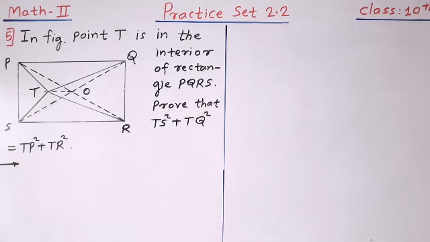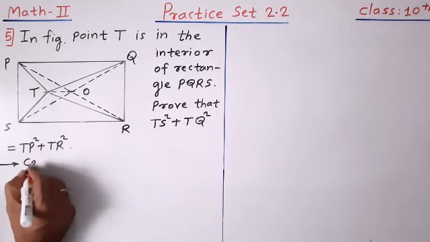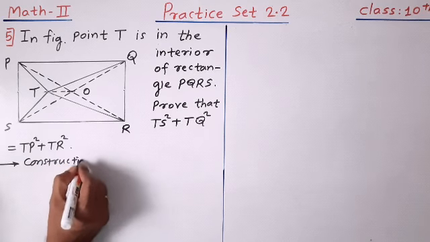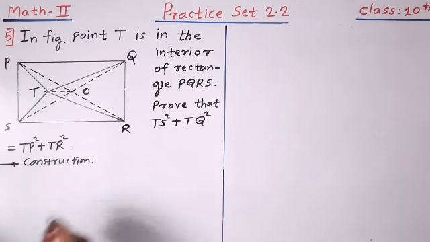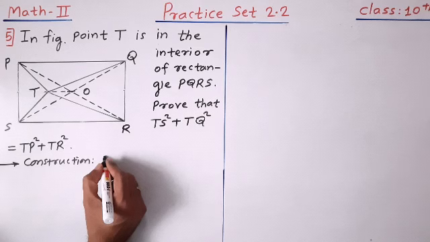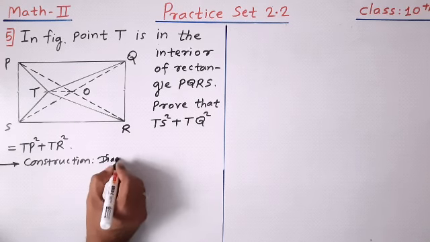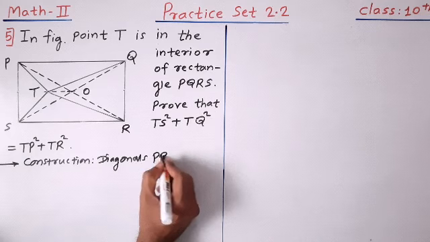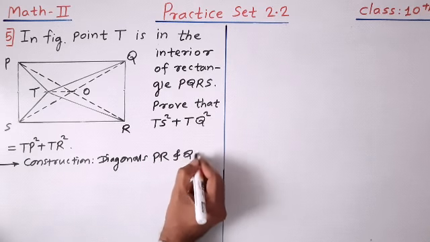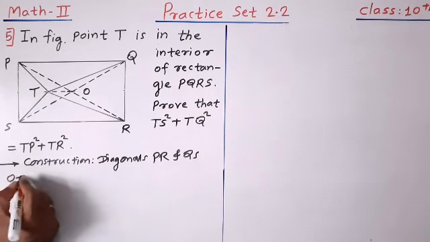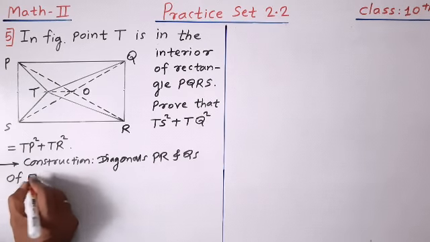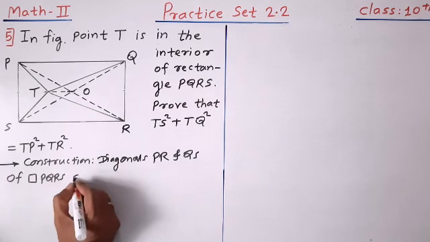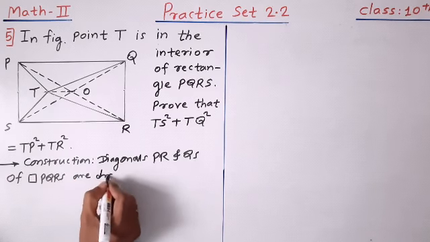So first of all we have to write the construction. What is the construction part that we have to mention? Diagonals PR and QS of quadrilateral PQRS, which is a rectangle, are drawn.